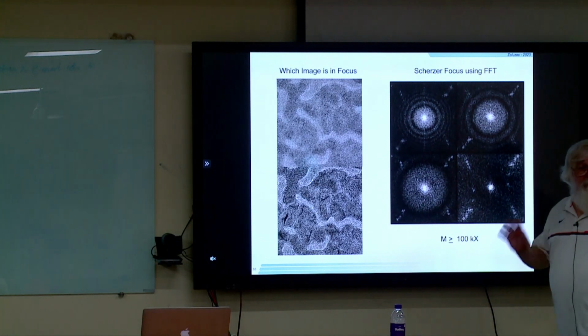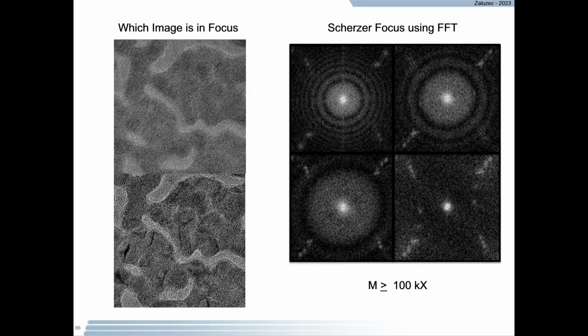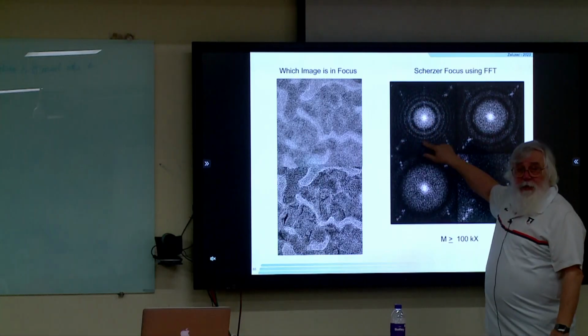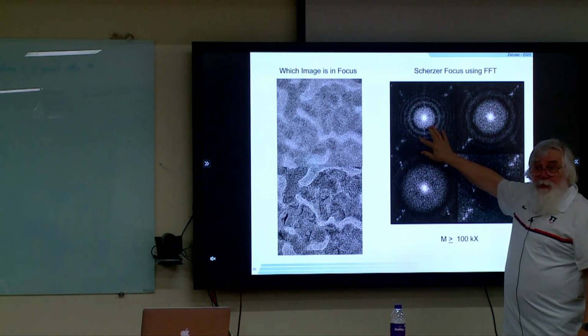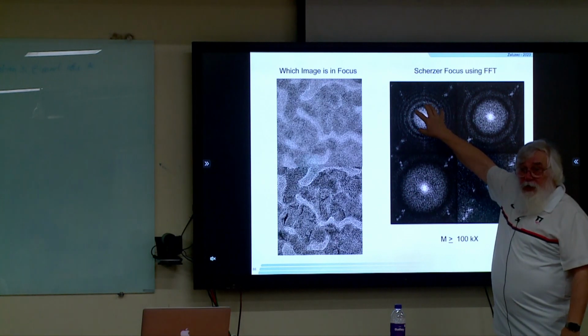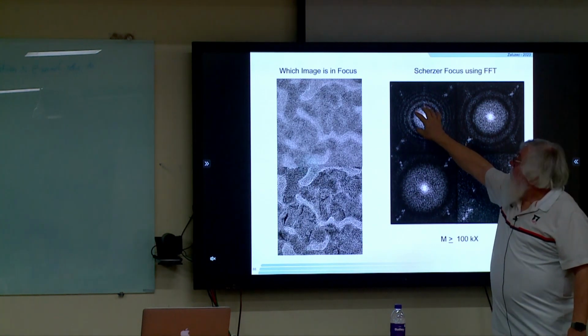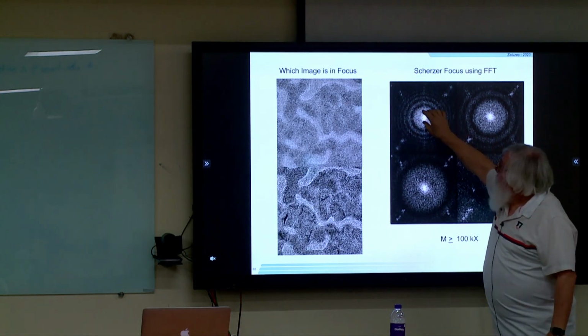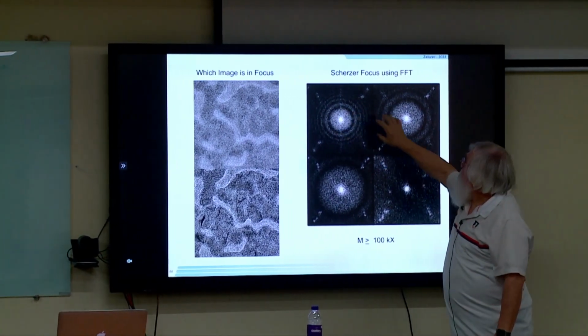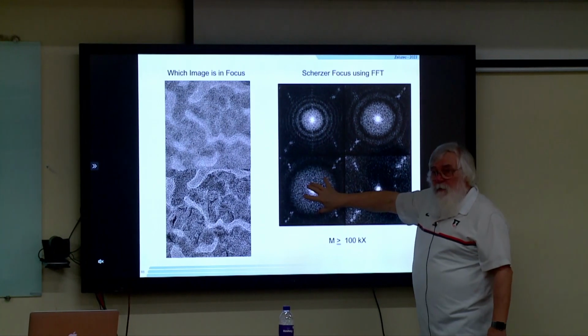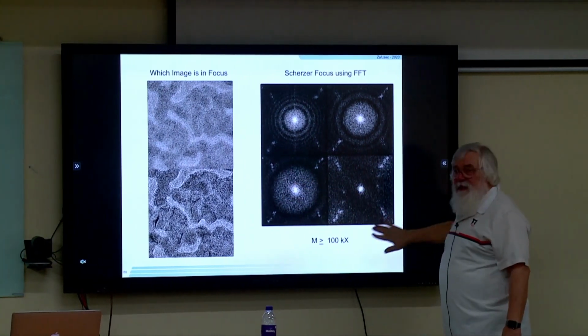When I'm out of focus at high resolution, what I will see are concentric rings. Remember, these concentric rings we used before to adjust astigmatism. Well, they also tell you you're out of focus. As we go closer to focus, these rings start to expand. So we're going from out of focus, closer to focus, more closer to focus, and now you can almost not see the ring at all.